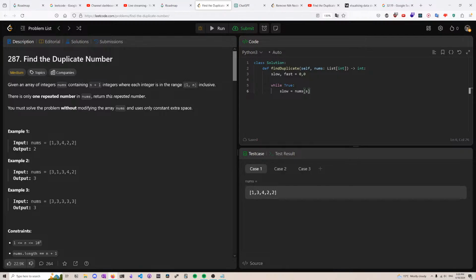What could be like slow plus 1? Could be slow plus 1. Plus 2.